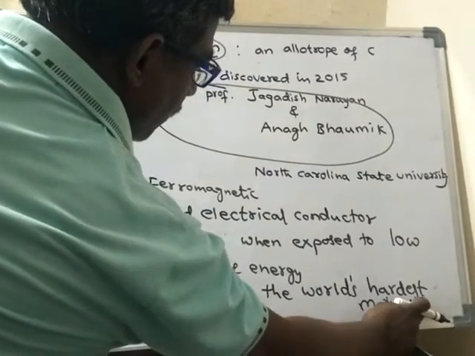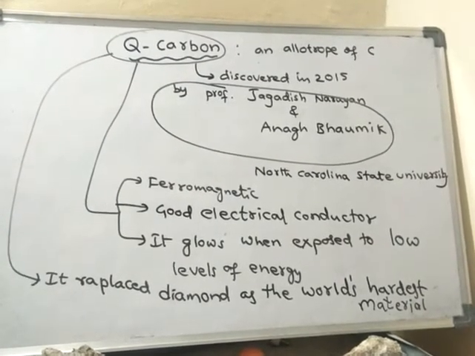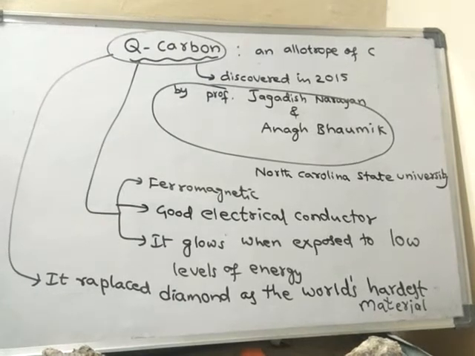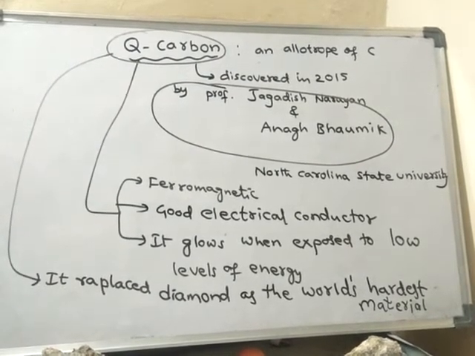Before the discovery of Q carbon, diamond was treated as the world's hardest material. But now Q carbon has replaced diamond, and it is called the world's hardest material.